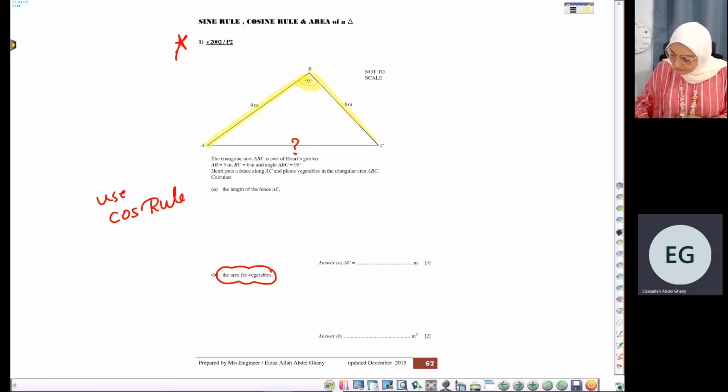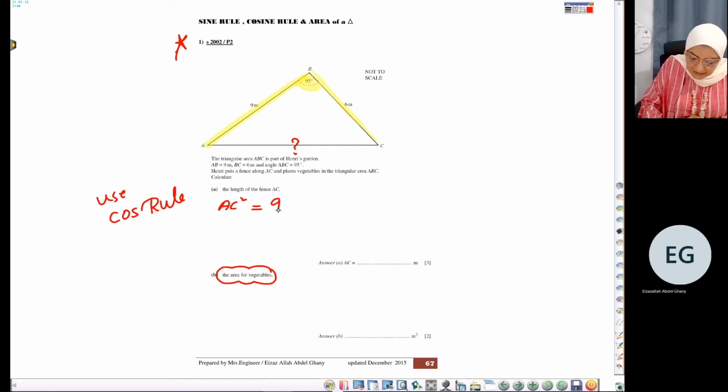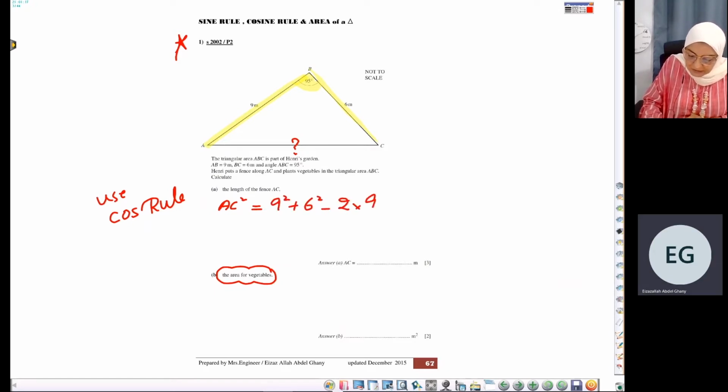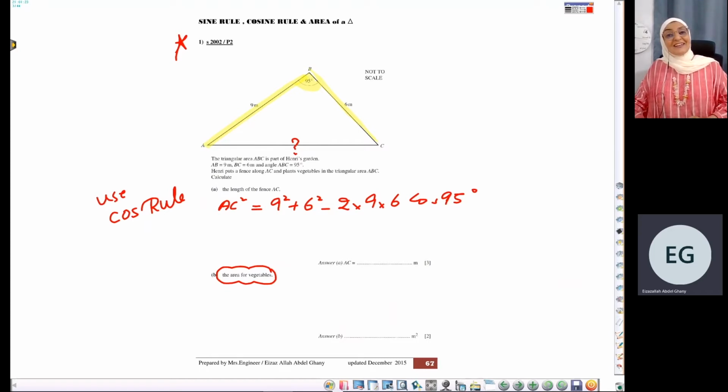How to start? The length of the fence AC. You write AC squared equals 9 squared plus 6 squared minus twice 9 into 6 into cosine, the included angle, 95. Take care.